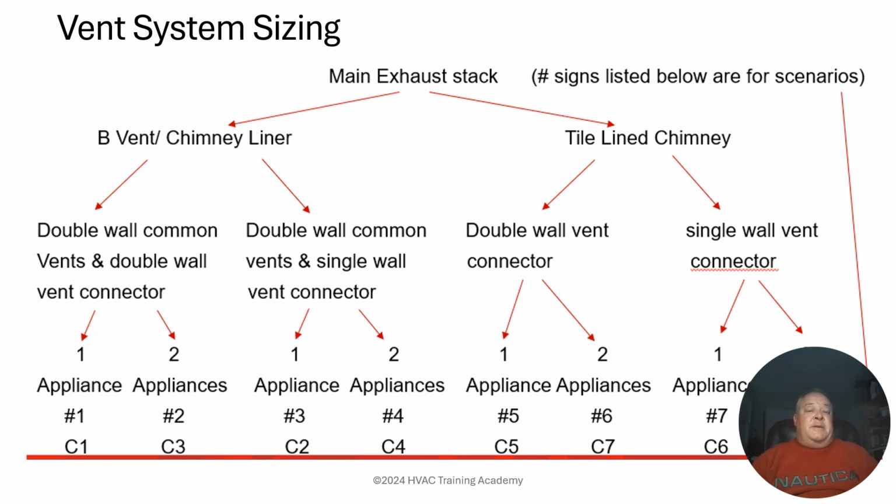I put a little table in here, which I'm hoping will help when it comes to your choices. Follow the arrows based on what you have in that situation. Do you have a double wall common vent? On B vent systems, your common vent going up through will always be double wall.